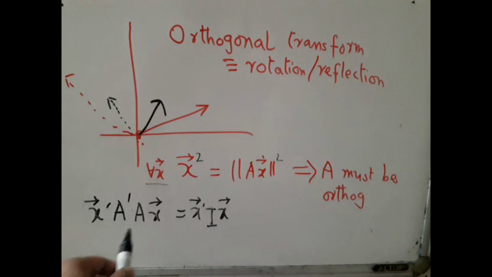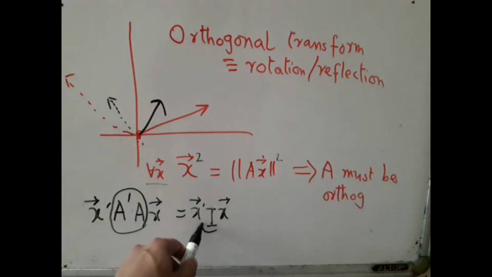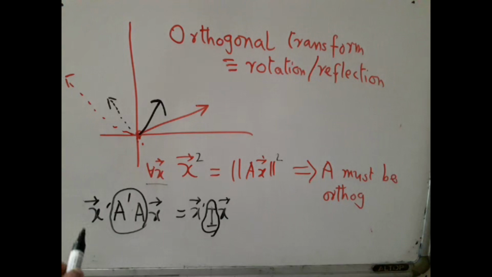So here you have a matrix which happens to be a symmetric matrix, and here is another matrix which also happens to be a symmetric matrix. Now it is not very difficult to see that if for two symmetric matrices you have this equality, then those two symmetric matrices must be the same, and the way it is to be seen is by putting various particular vectors in place of x.